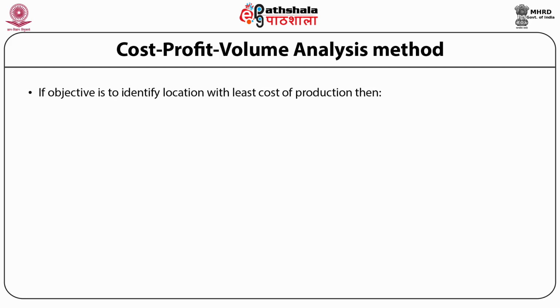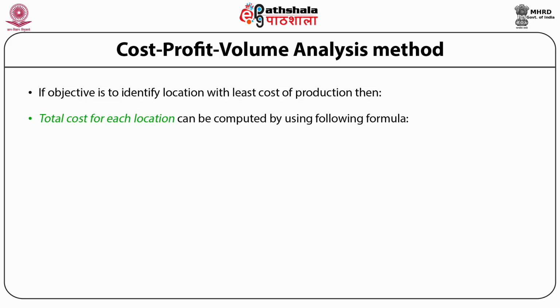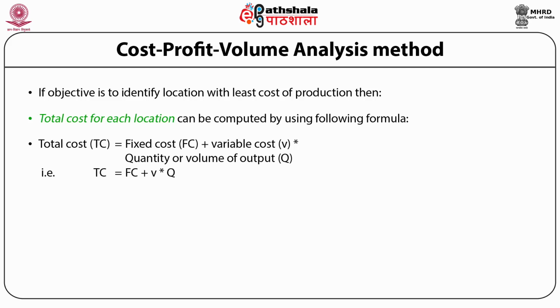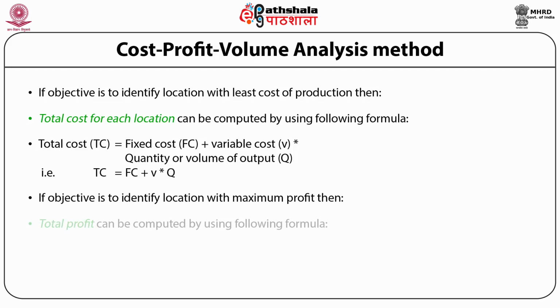If objective is to identify a location with least cost of production, then total cost for each location can be computed by using following formula. Total cost is equal to fixed cost plus variable cost multiplied by quantity or volume of output. If objective is to identify location with maximum profit, then total profit can be computed by using the following formula.